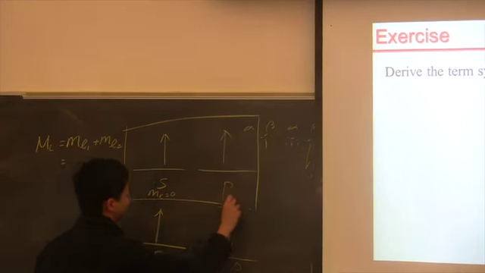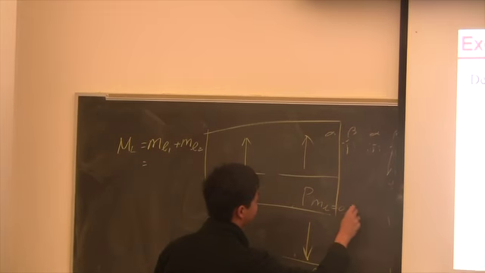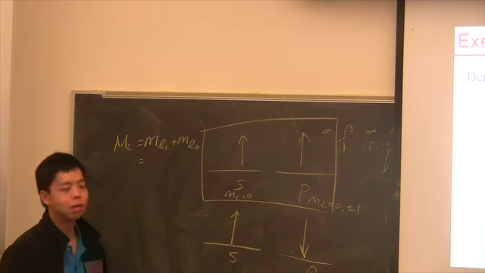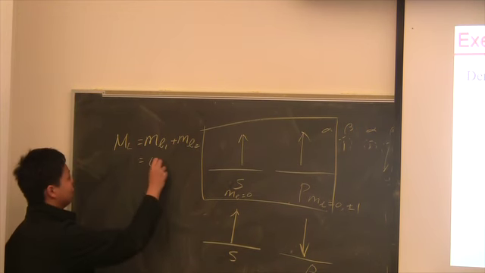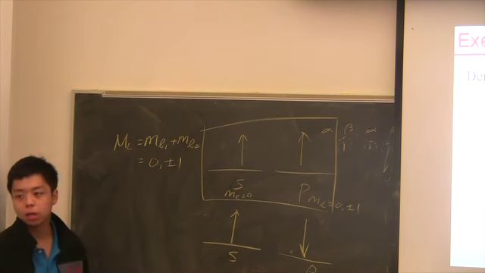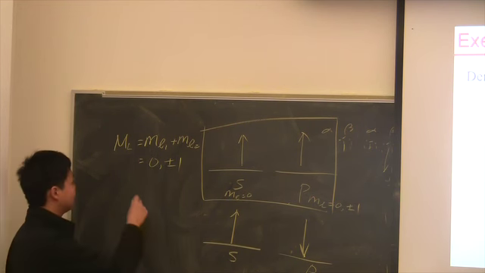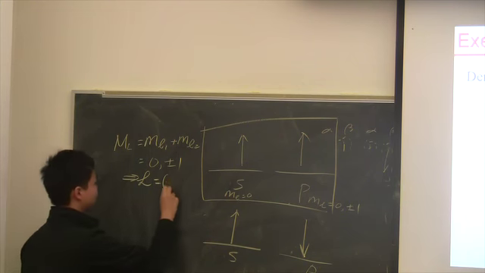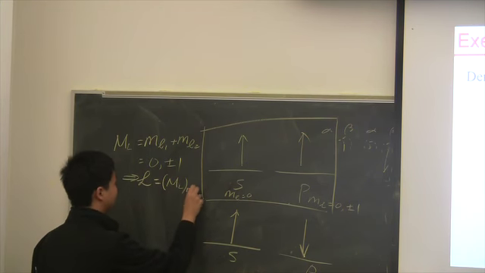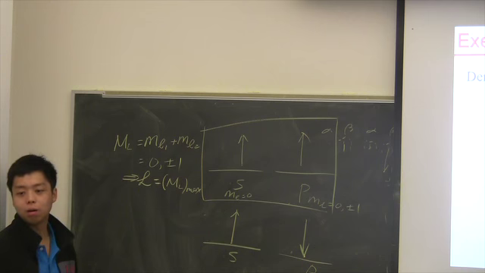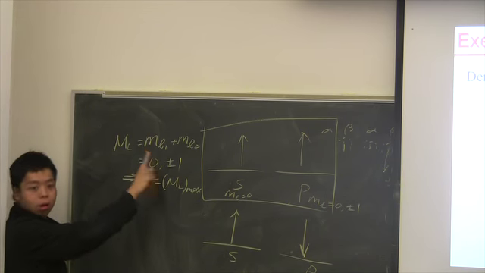What's the ML for P? Plus or minus 1, or 0. If we add the two together, we end up with this. But what's the L value then? The L value equals the maximum ML. What's the maximum ML? 1.